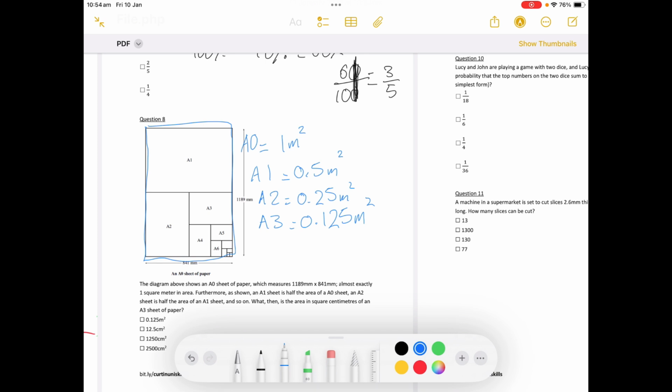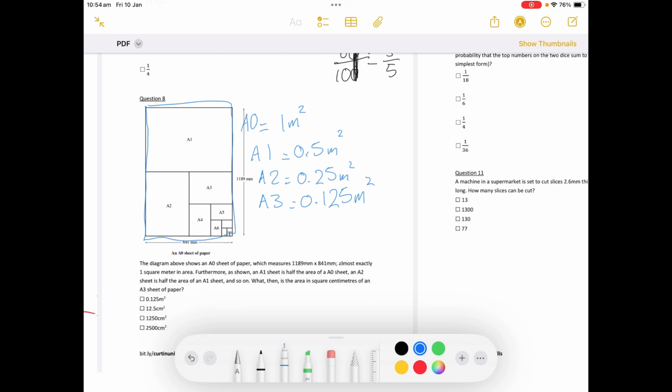Right now, this is in meters squared, and your question is asking for square centimeters, okay? So we need to change meter squared to centimeter squared. Now, what you need to be careful of is that 1 meter squared, okay? Some people might think it's the same as 100 centimeters squared. That is not true, okay?